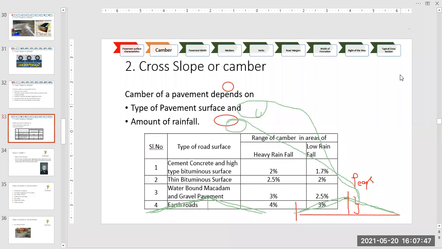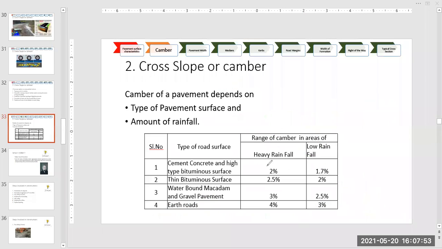Where n is the slope of the surface. In order to calculate the height of the crown, we need to remember these n values. Each and everything is 1 by n value. That's why please remember the formulas tomorrow while coming to the class. In the evening I shall post you the notes.